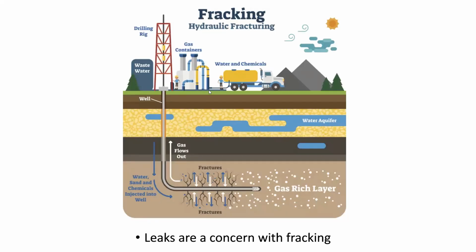But we're also injecting water with a whole bunch of chemicals in it. And if anything goes wrong here, we're going to see some of that natural gas escape into the environment, contribute to global warming that way. And then we'll also see this water and this chemical. We may also see the methane itself, anything else that's in this system, potentially leak into the groundwater like we talked about.